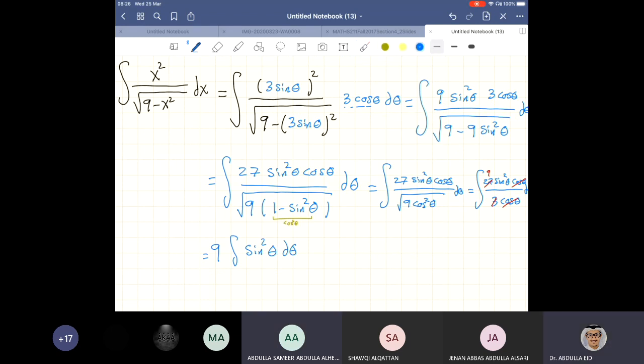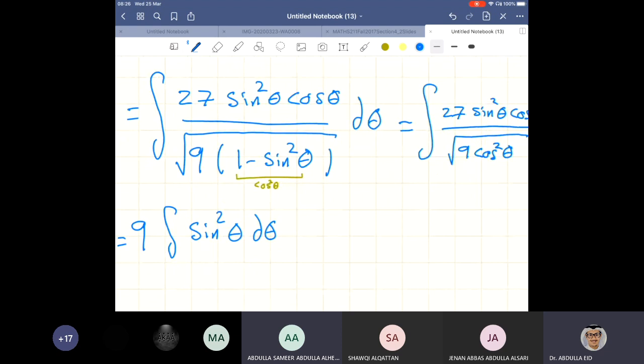Okay, perfect. Now, can you remind me how we do the integral of sine square? We did it before. If you can just quickly remind me, how do we do the integral of sine square? Substitution.